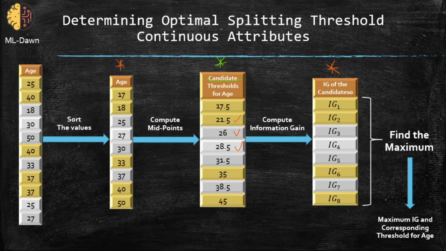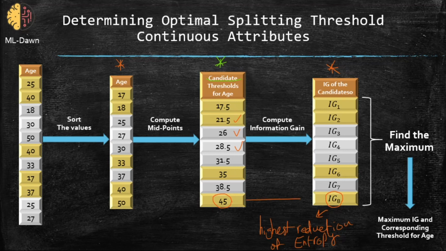Okay? And then the question is, which information gain is the highest? Let's say, for example, information gain 8 is the highest, meaning that this is the highest reduction of the entropy. And the corresponding threshold for that is 45.